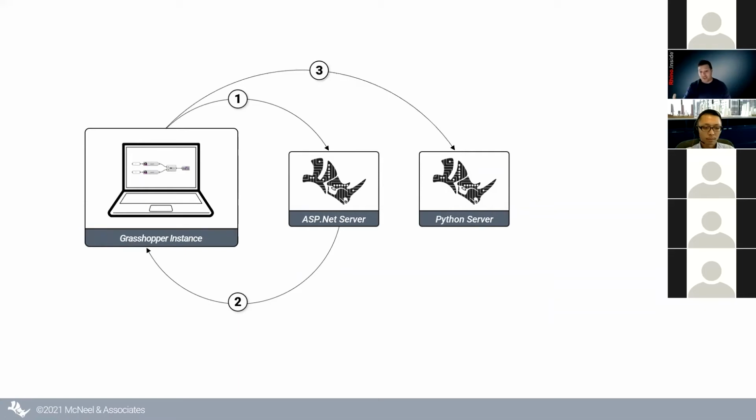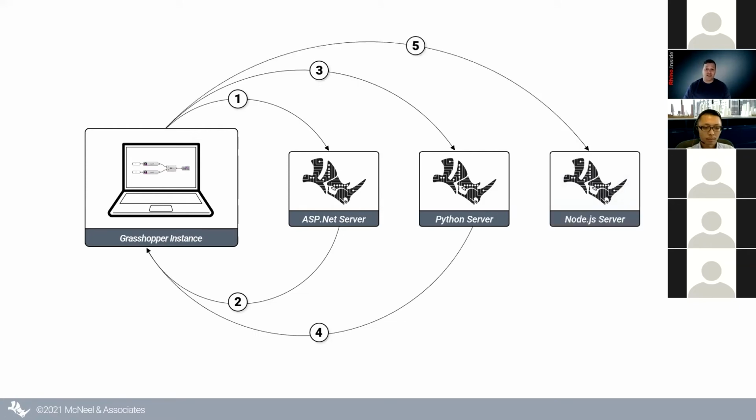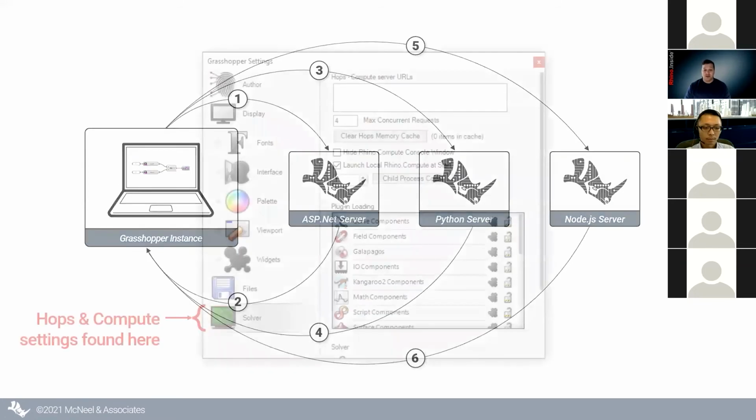It could do some additional calculation and then send the information back. And then again, we can have it feed out to a Node.js server and then round trip it back. So Hops, the name comes from this ability to hop around to different applications, sending these API calls to get information to and from.